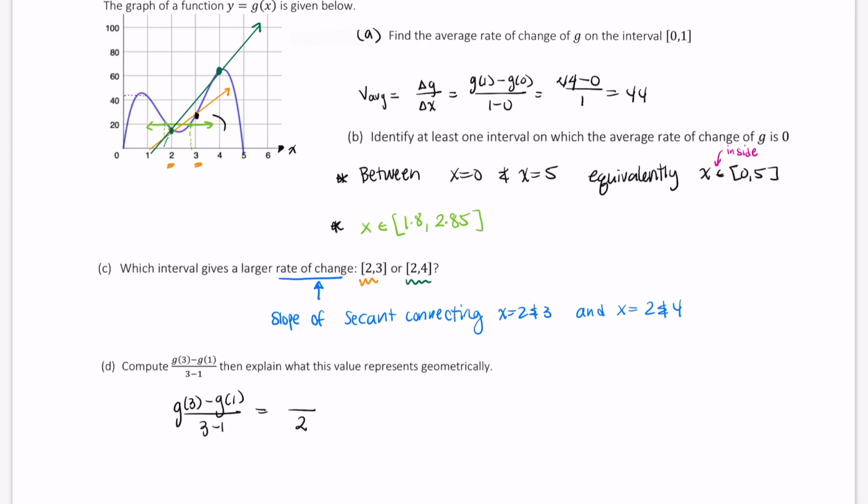I would say this is the point about, let's see, approximately 3.28. And when x equals 1, that would be here. What is my output? I think we already estimated this at 44.